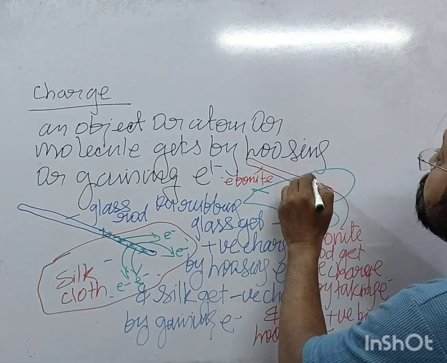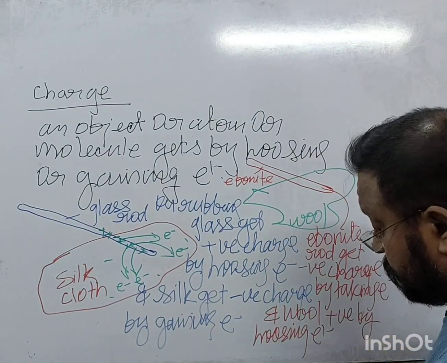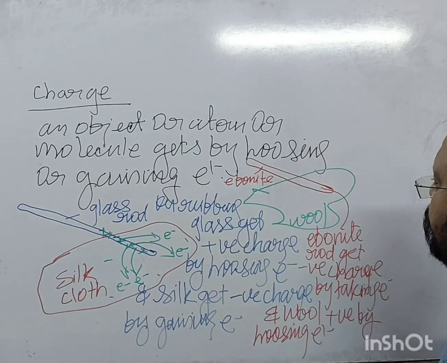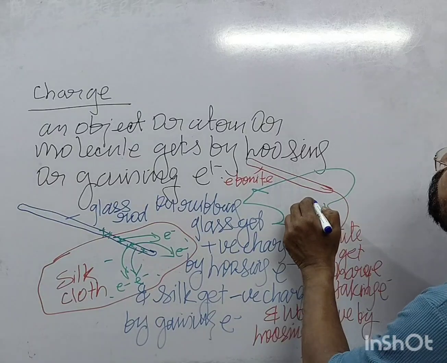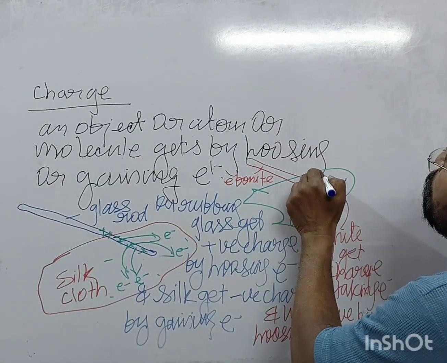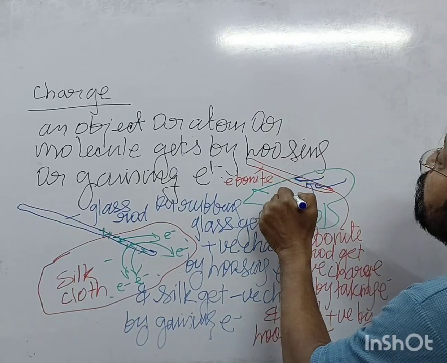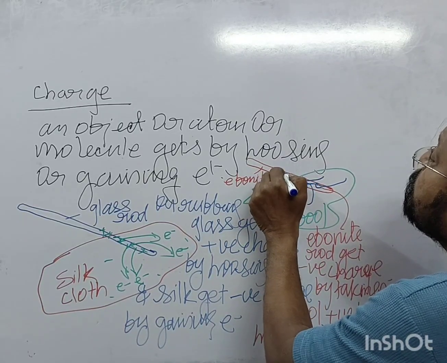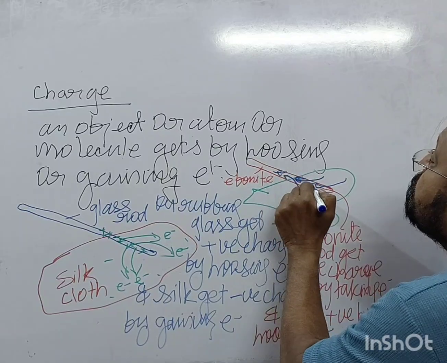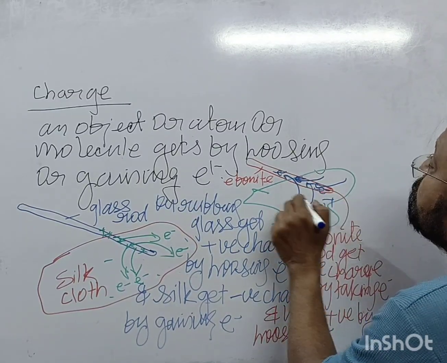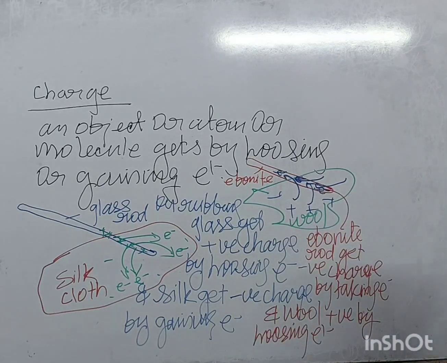And the ebonite rod gets negative charge, which means it absorbs electrons from the wool, and the wool gets positive charge, right?